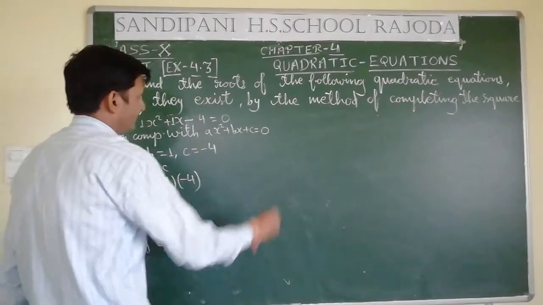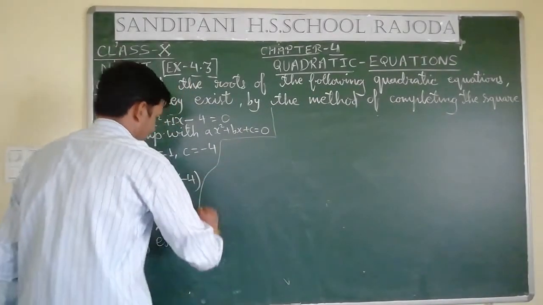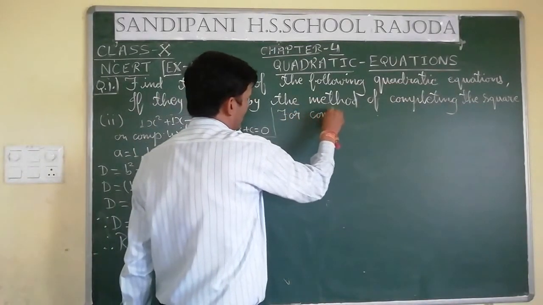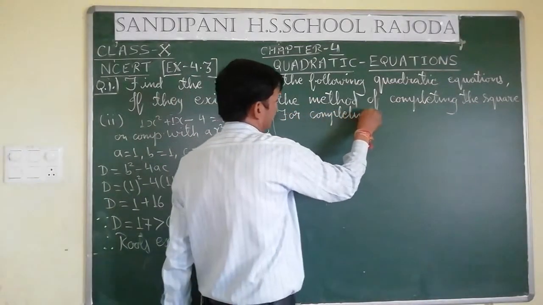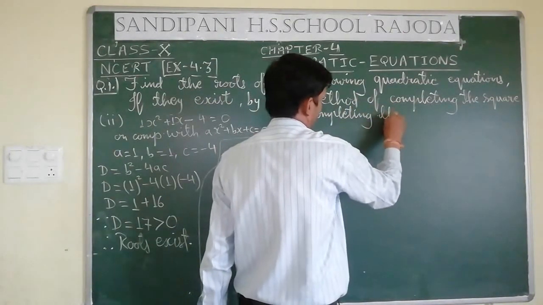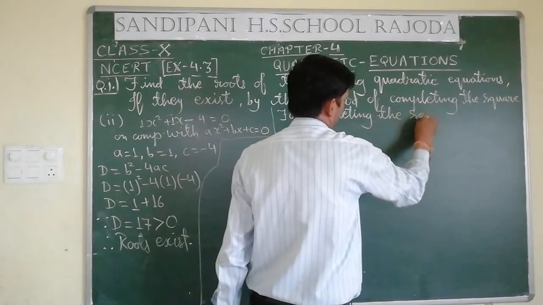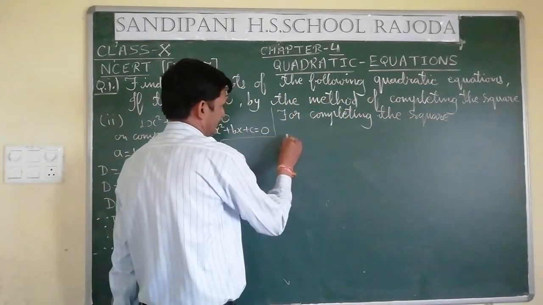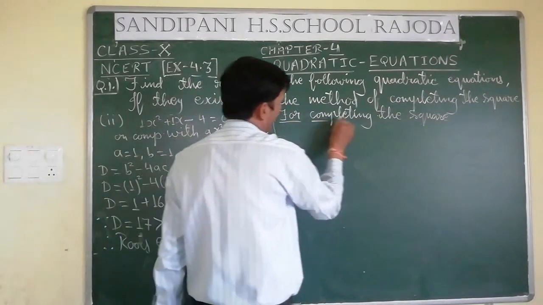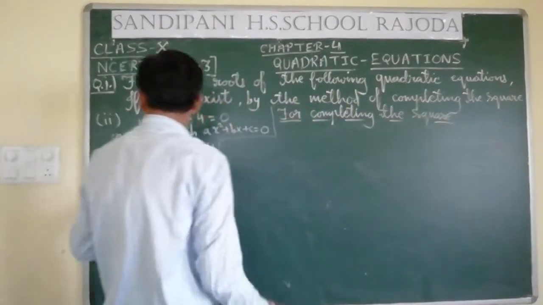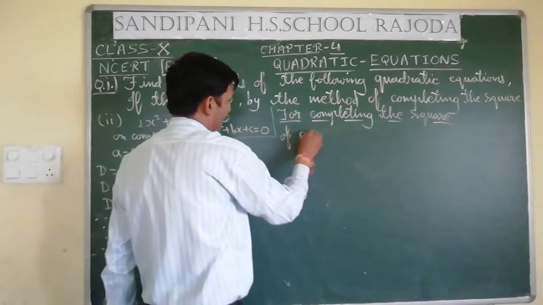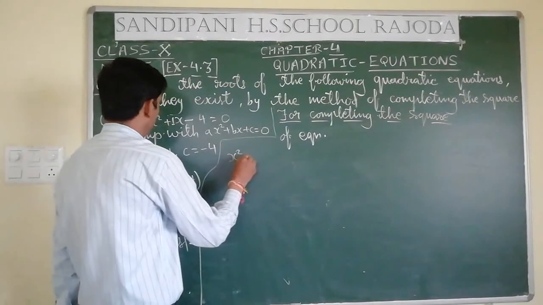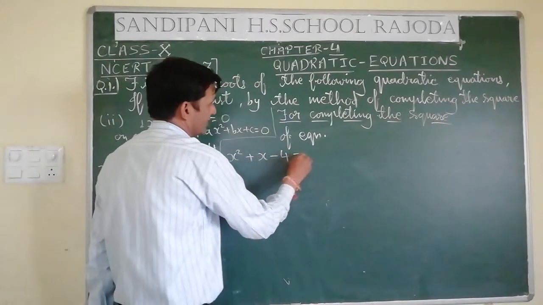Now for completing the square of the equation, what is the equation here? x² + x - 4 = 0.